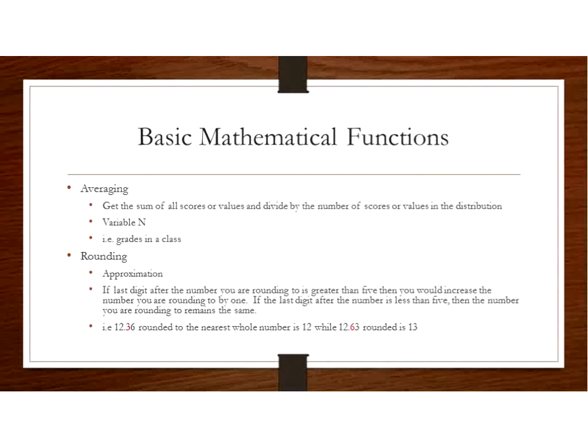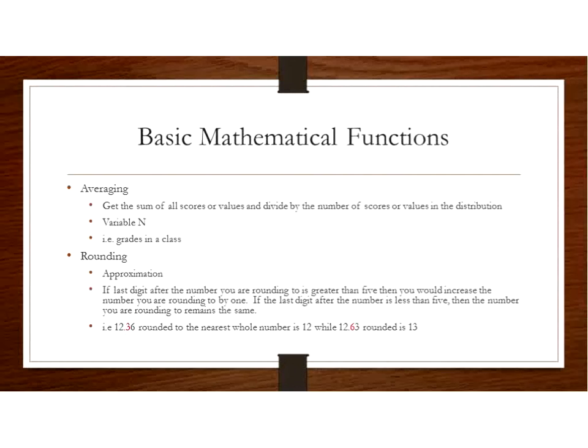But again, the common one is to round to the nearest whole number, and so that's what we're going to do here. When you are rounding, you are looking at the number that comes after the number you're interested in rounding to. And your decision is based on whether that number is greater than 5 or less than 5.